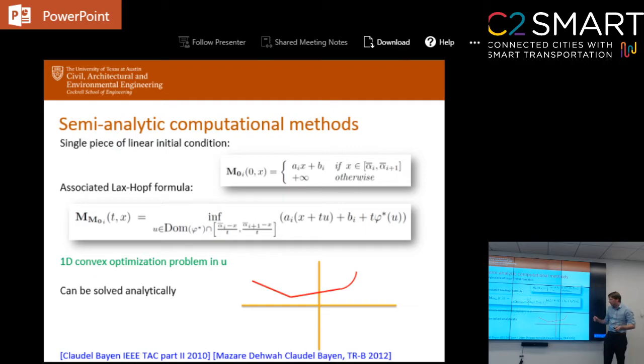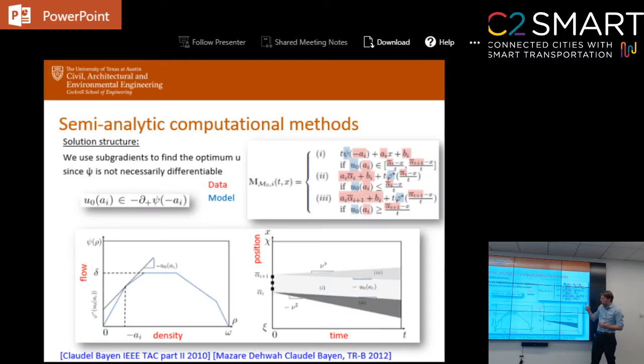You can plot that function in 1D, and you can find the minimum. There is just one small caveat: the function is convex, but it might not be differentiable, so you cannot use the fact that the second derivative could be 0. So in this case, we have to use subgradients. Subgradients are a concept that extends derivatives for functions that are not differentiable.